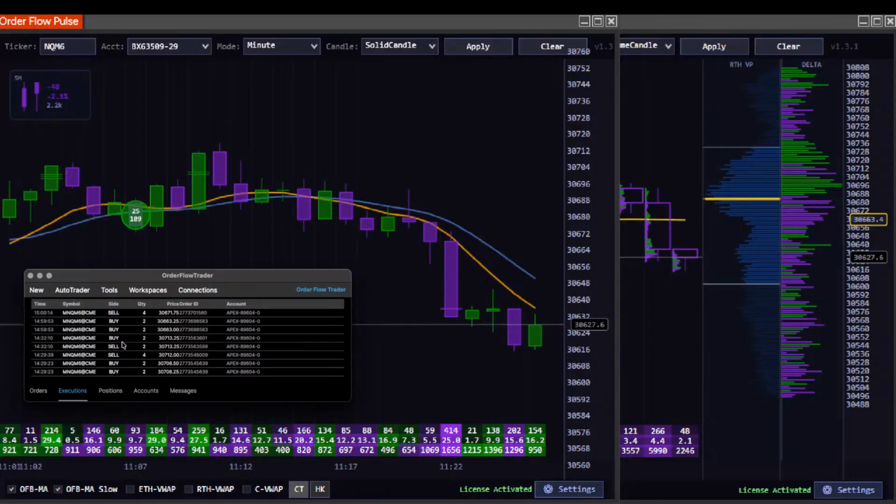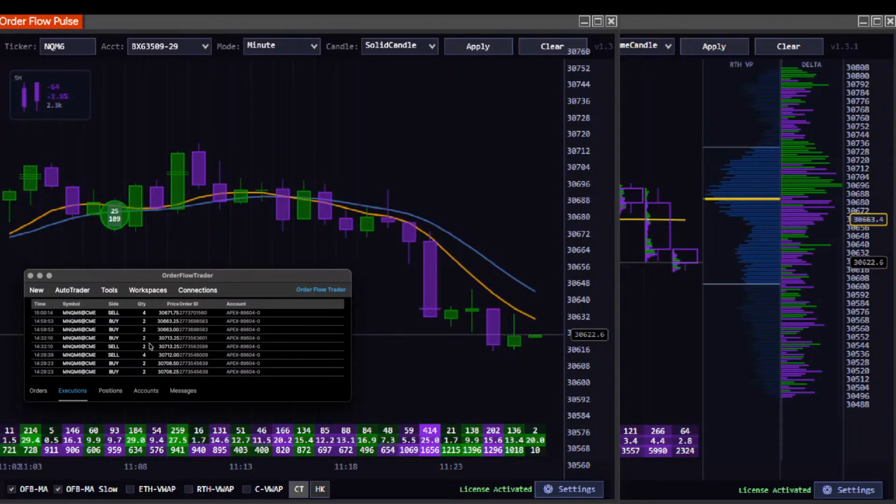My HFT actually got some right up in here. Sometimes it has to scale in. For one, it's scaling. It's two, then four, then sell four, but that's all flat.